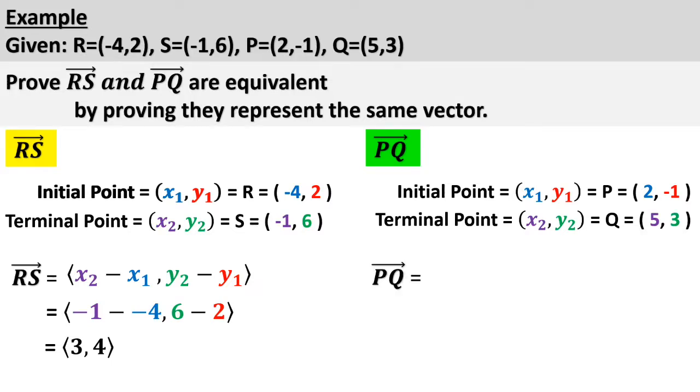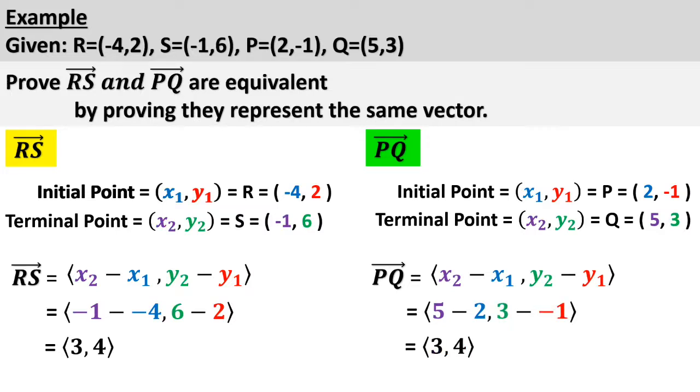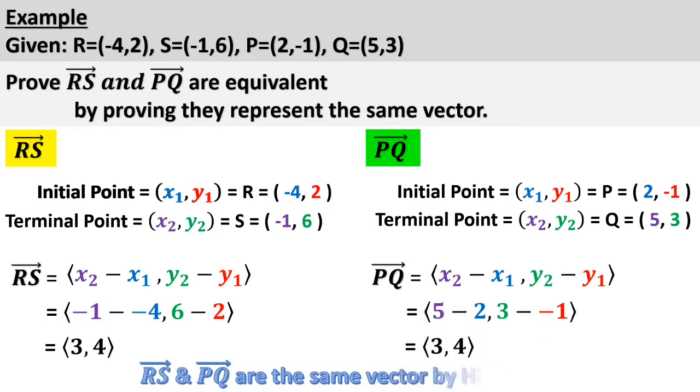Using the formula to find vector pq and substituting the values, we find that vector pq is also 3, 4. Therefore, vector rs and vector pq are the same vector by HMT, which represents head minus tail rule.